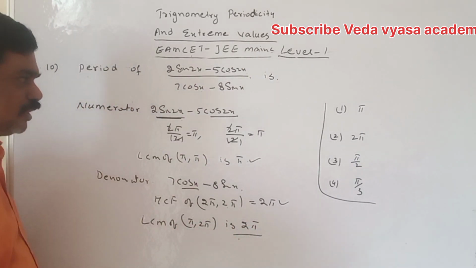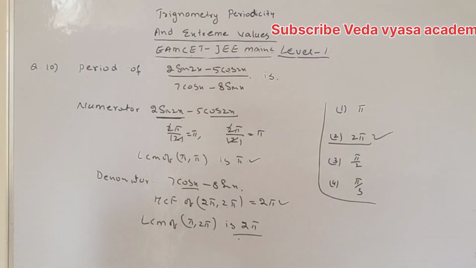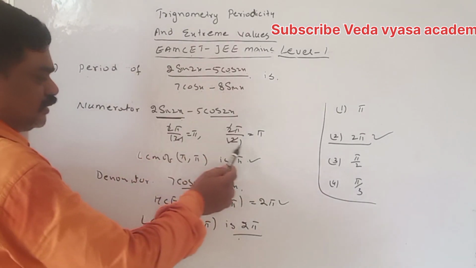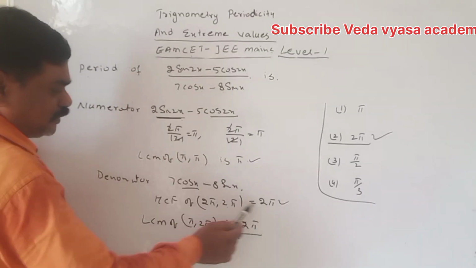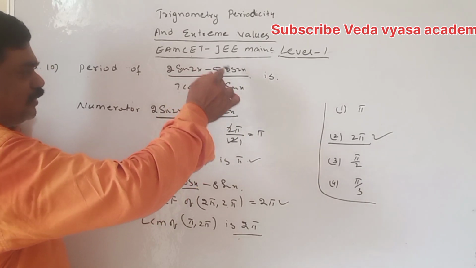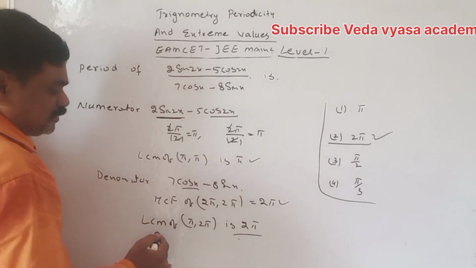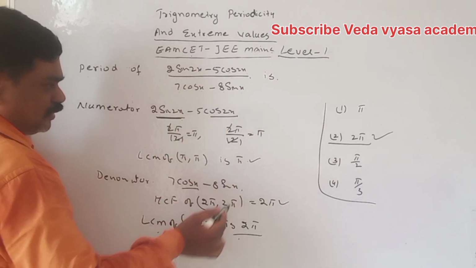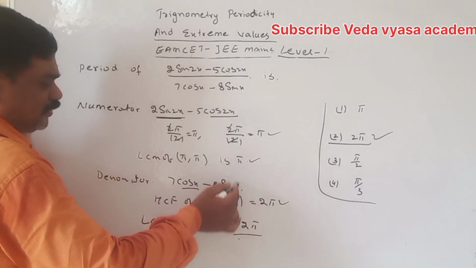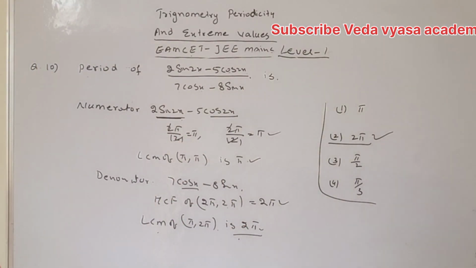So we have option 2 as the answer. First for the numerator you take the LCM, for the denominator you take the HCF, and then the whole function period is the LCM of the numerator period and denominator period, which is 2 pi. That is the process.